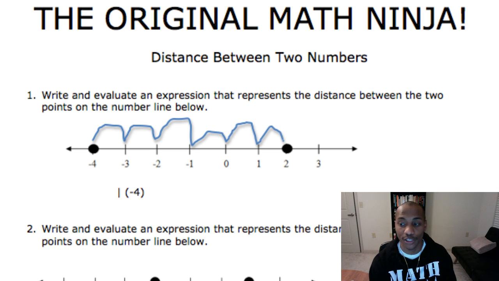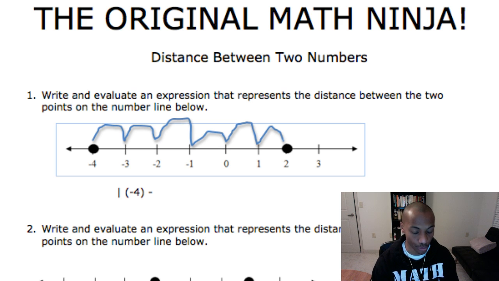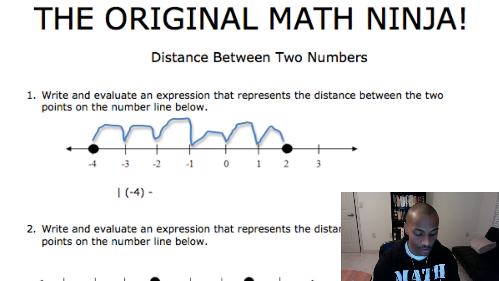The difference between the 2 points means I'm going to be doing subtraction. So I'm going to be subtracting -4 and the other point here that we see is 2. So we're going to subtract 2 from -4, and I'm going to close my absolute value sign there.